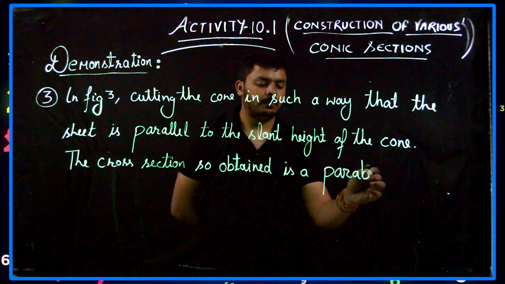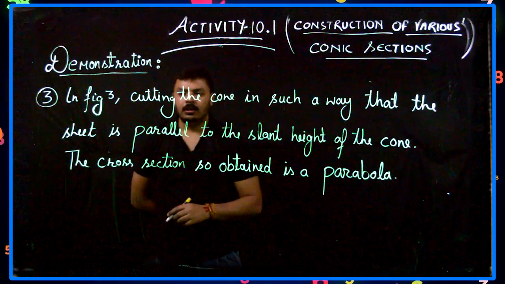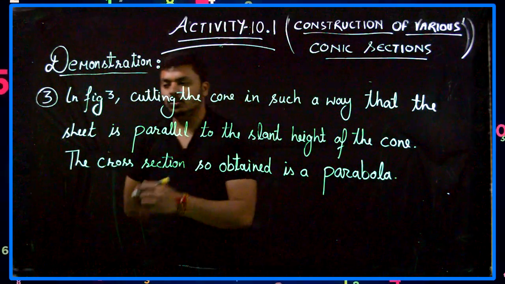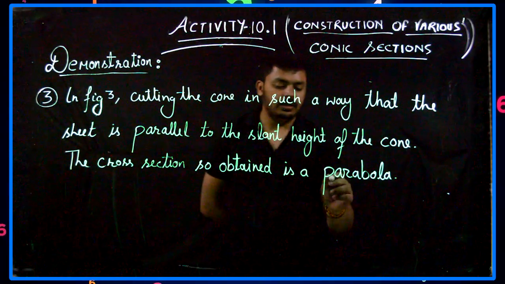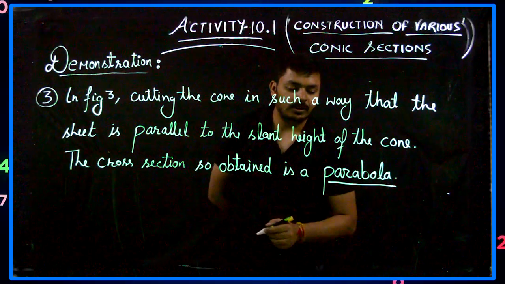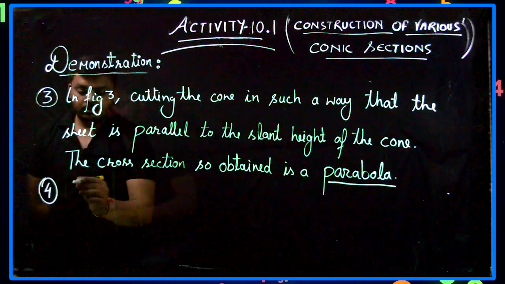In figure 1, our cross section was a circle, in figure 2 an ellipse, and in figure 3 the cross section obtained is a parabola when the cone has been cut parallel to the slant height of the cone.